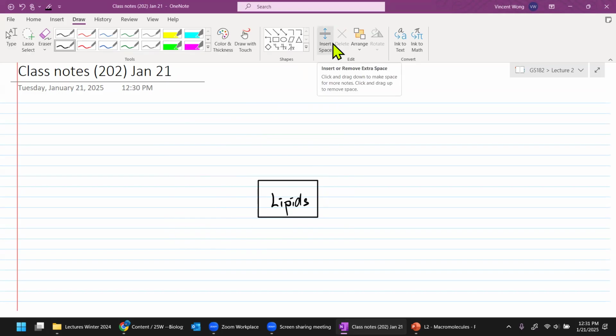Now, the four types of macromolecules include carbohydrates, proteins, nucleic acid, and lipids. And I want to remind you that lipids are a little bit different compared to the other kinds of macromolecules.